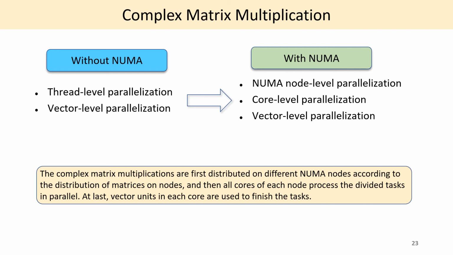The complex matrix multiplications are first distributed on different NUMA nodes according to the distribution of matrices on nodes. And then, all cores of each node process the divided tasks in parallel. At last, vector units in each core are used to finish the tasks.